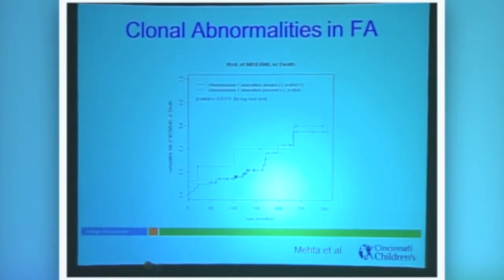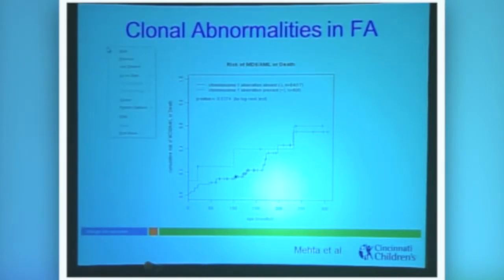As shown here, in patients who had a chromosome 1 abnormality versus patients who didn't, there was no difference in progression to myelodysplastic syndrome or AML. So practically speaking, when I have a patient with Fanconi anemia who has a 1q abnormality, it's absolutely fine to watch as long as there is no obvious dysplasia on the marrow.